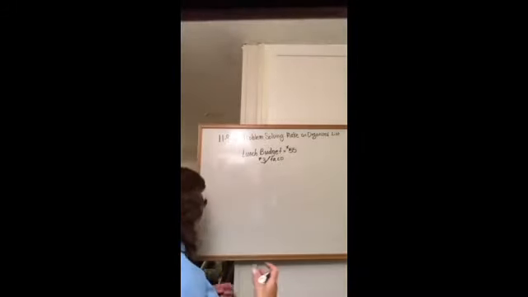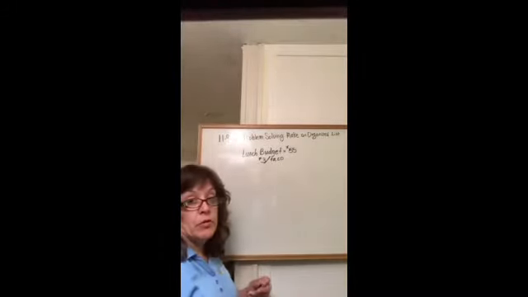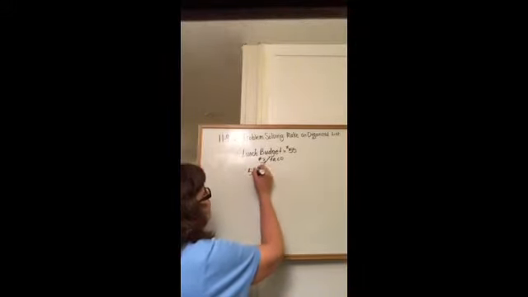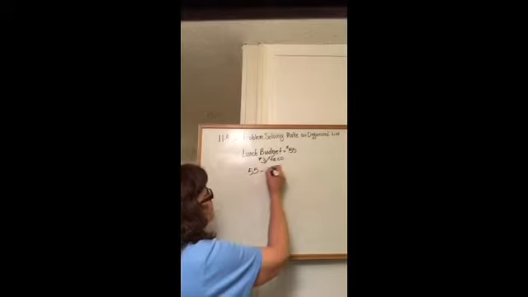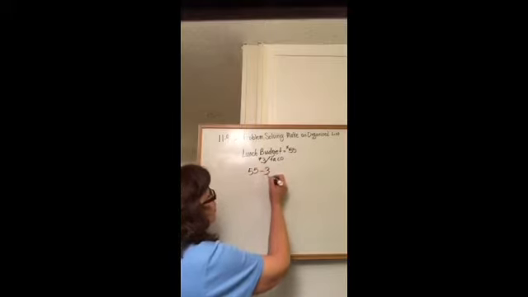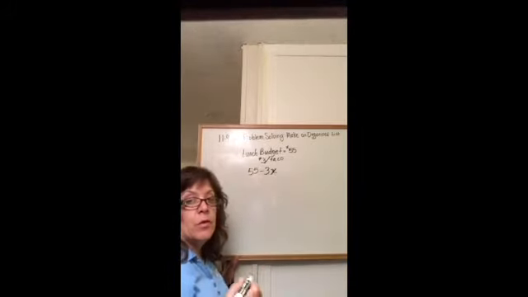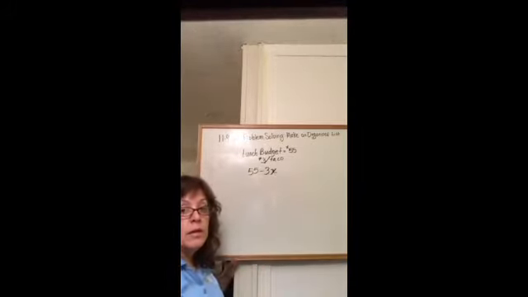So we need to come up with an expression. So we've got 55 minus $3 for the taco times X. And what is X? X is the number of times that I can go out to eat. So I want to know how much I have left.